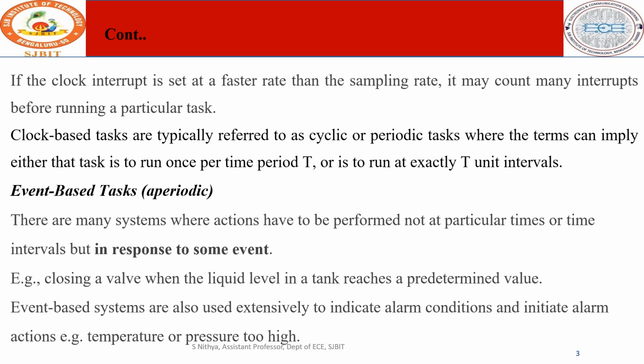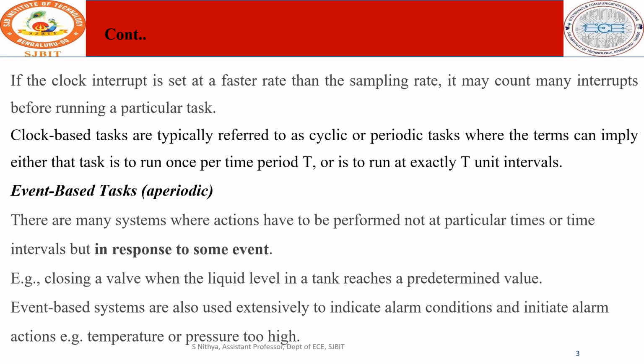Okay, so I told you that clock based tasks are typically referred to as cyclic tasks, or periodic tasks. Within the period it keeps on rotating, keeps on checking the operations. But the terms can imply either that the task is to run once per time period T, or to run at exactly T unit intervals.